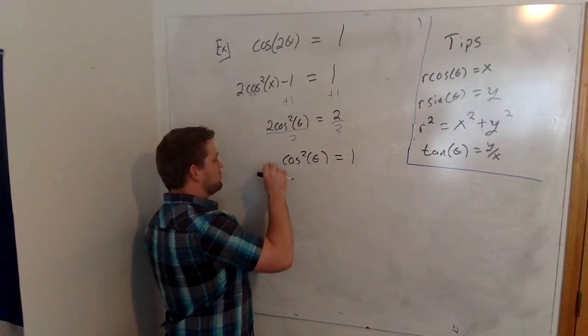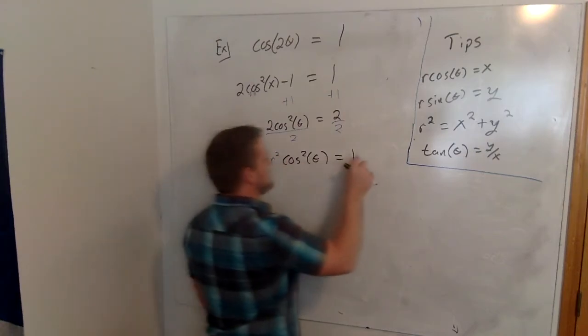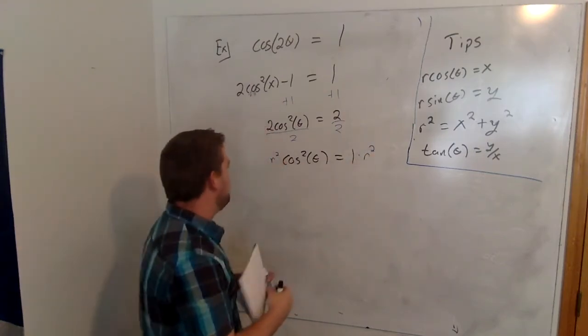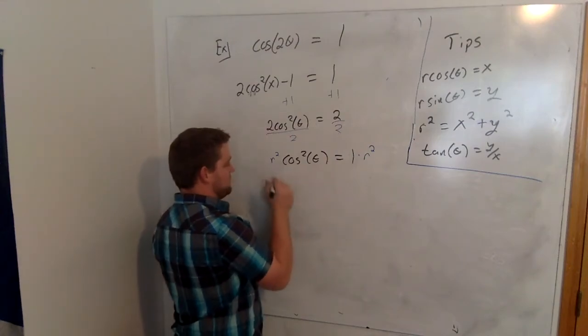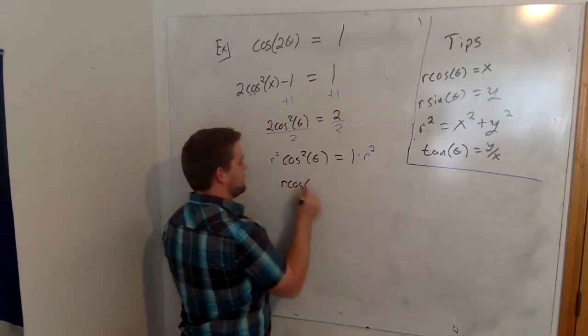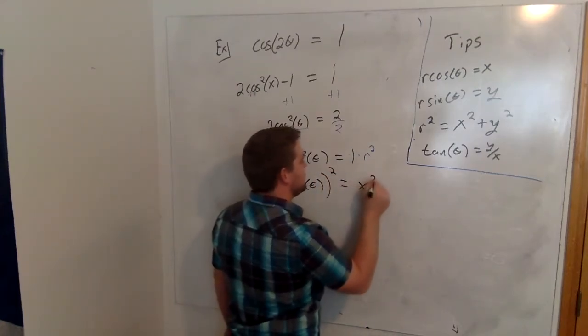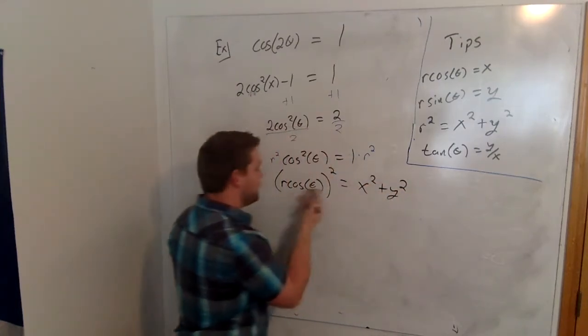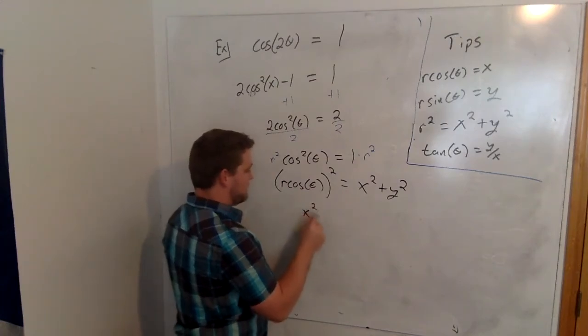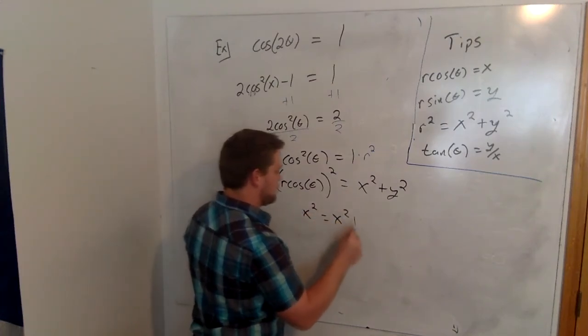So how about we multiply both sides by r squared? So we'll get, this will be the same thing as r times the cosine of theta quantity squared will be equal to x squared plus y squared. So this is the same thing as x squared would be equal to x squared plus y squared.